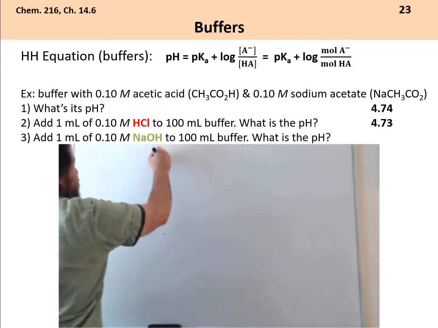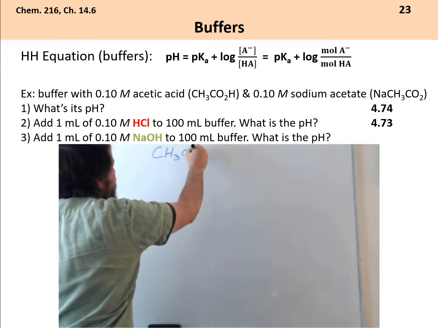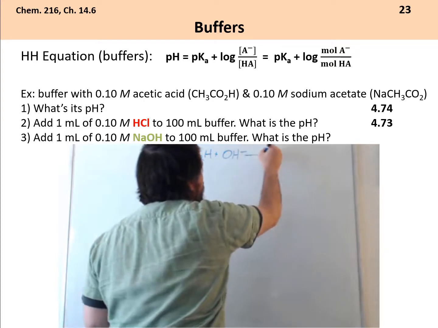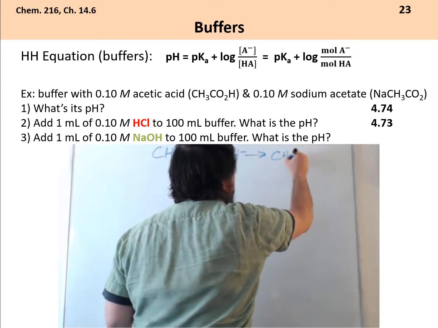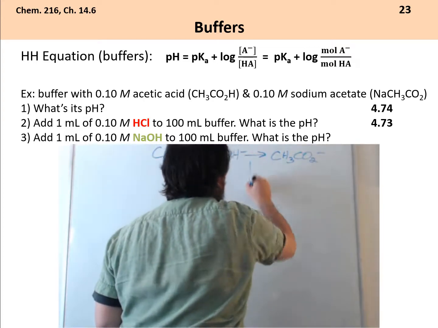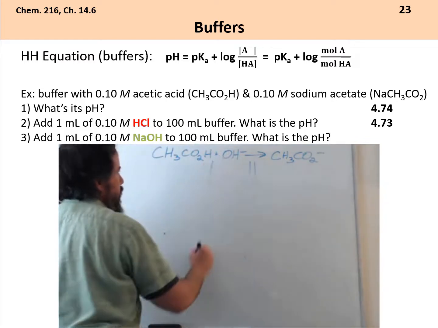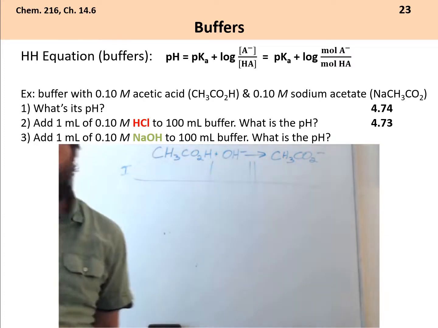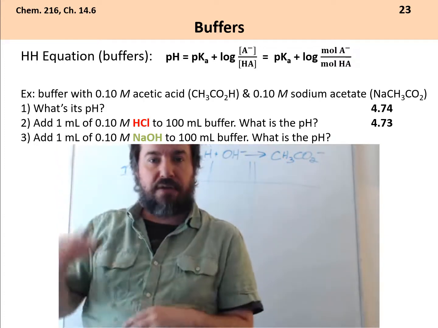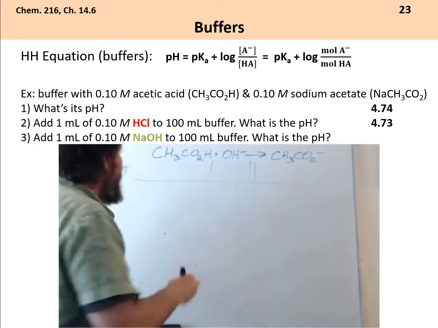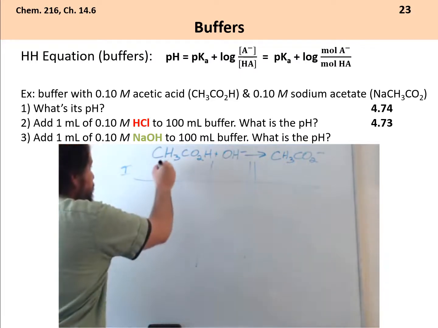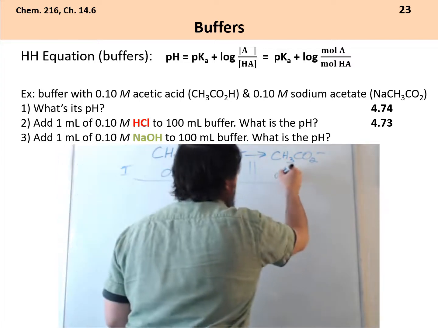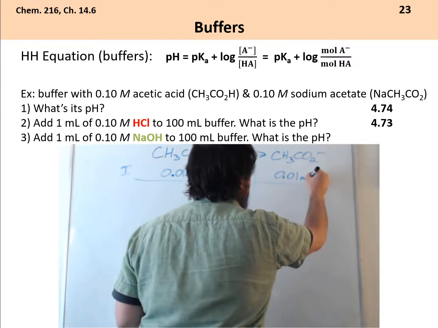So we have CH3CO2H plus OH minus goes to form CH3CO2 minus. What do I have initially? Well, I have 100 mLs of buffer. We already did this calculation, so I have 0.01 moles of each of my buffer components.